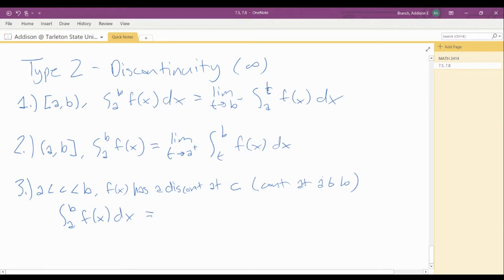we actually have to break this up into 2 separate integrals, similar to what we did in type 1.